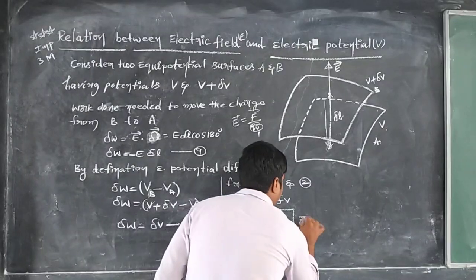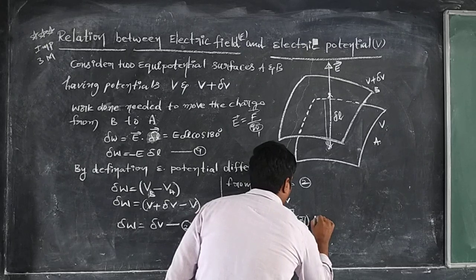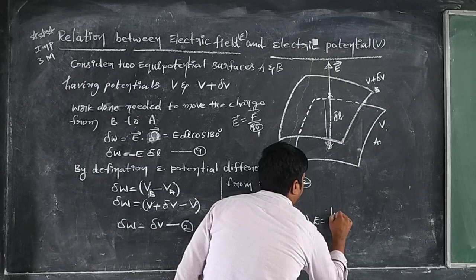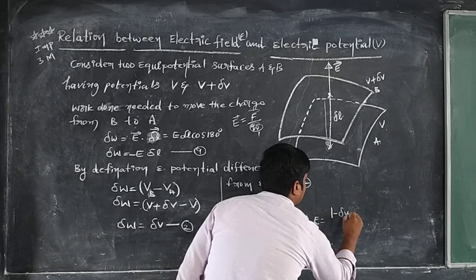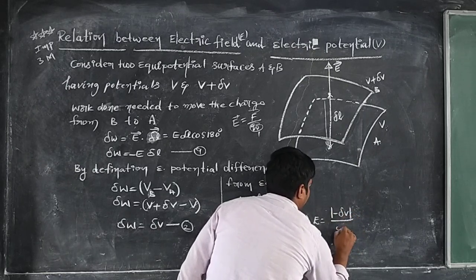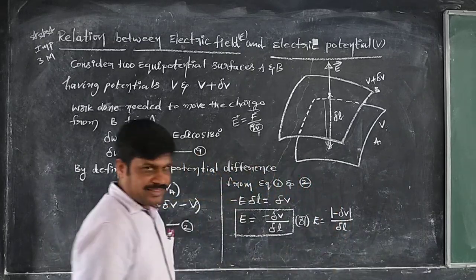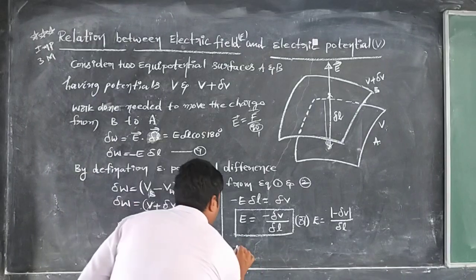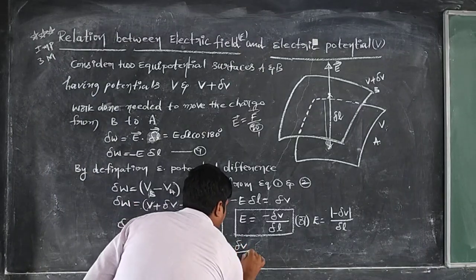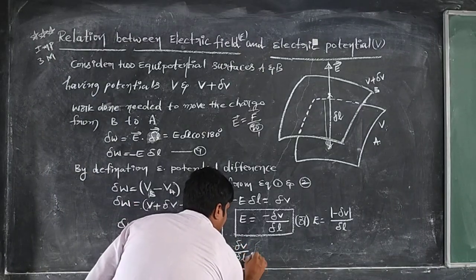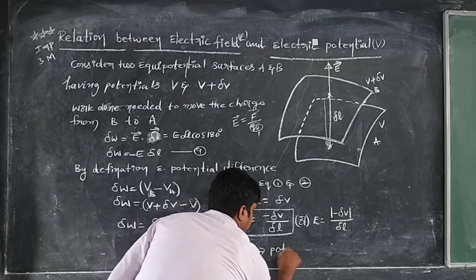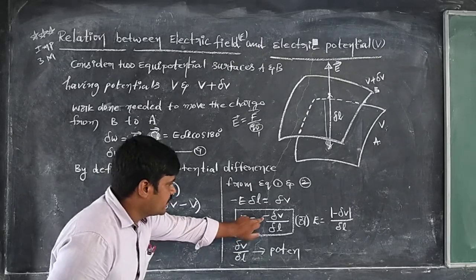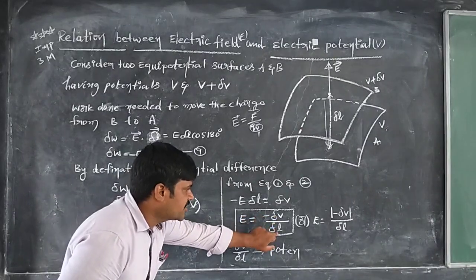In terms of magnitude, E is equal to minus delta V divided by delta L. Here delta V by delta L is what we call the potential gradient. That means the electric field is equivalent to the negative of the potential gradient.